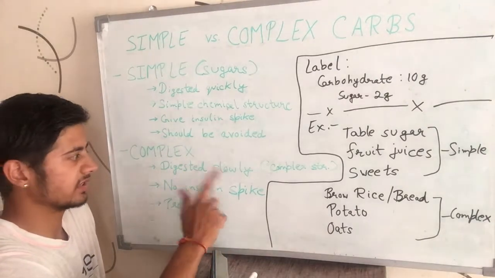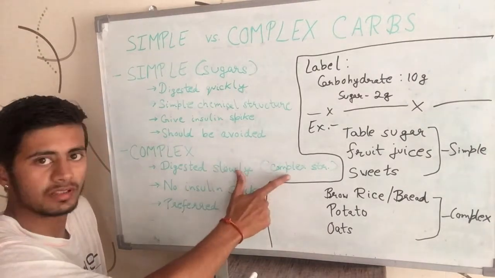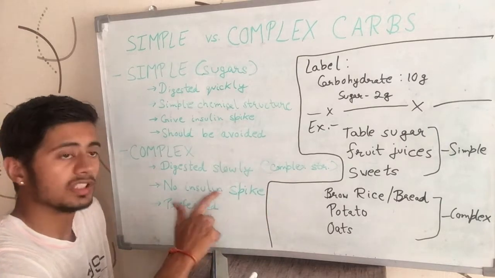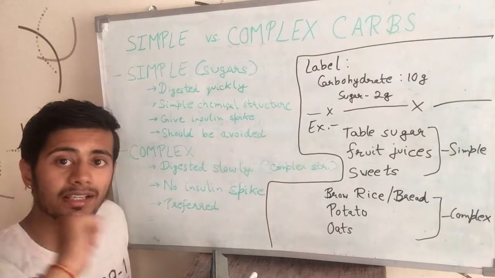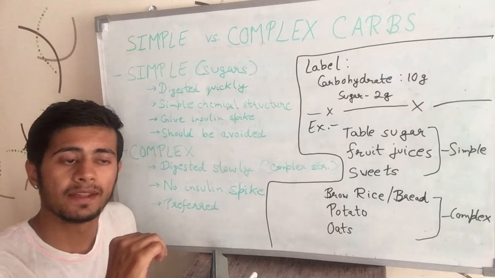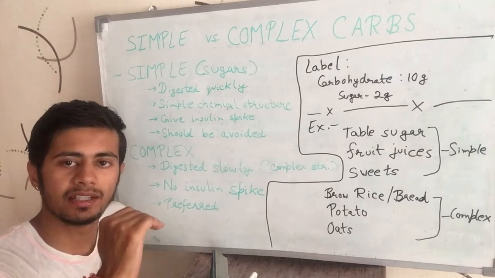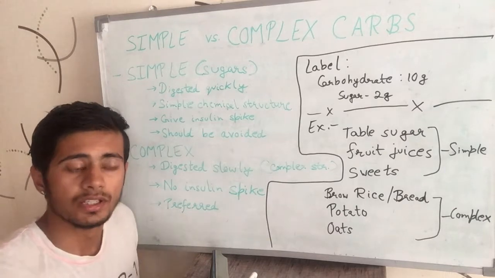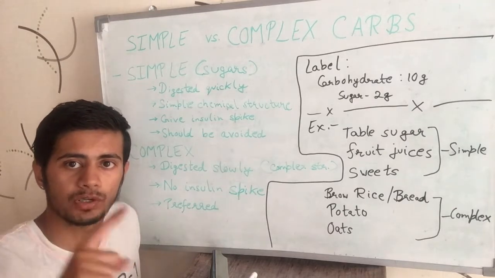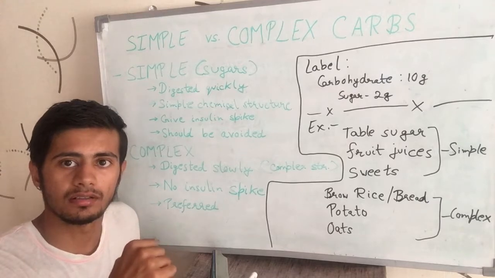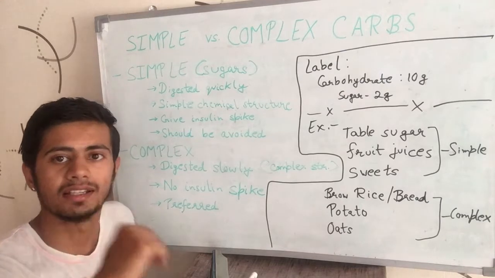Complex carbohydrates get digested slowly because of their complex chemical structure. No insulin spikes because they get digested slowly. So they keep getting into the blood sugar slowly. At one point of time, that sugar is not above a certain limit.